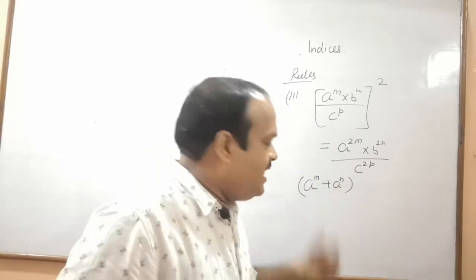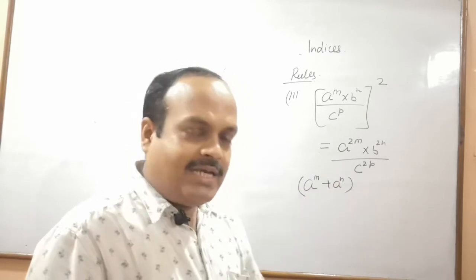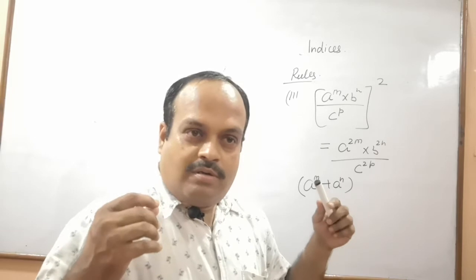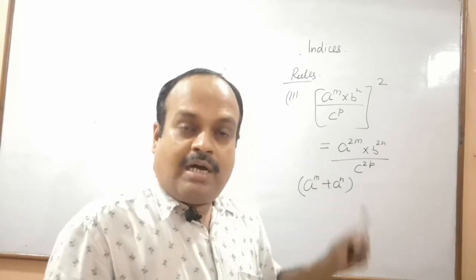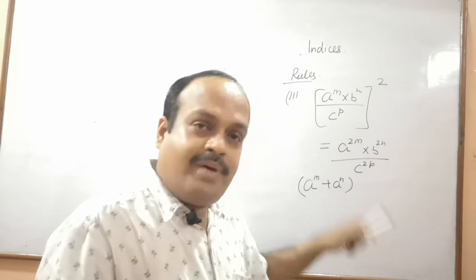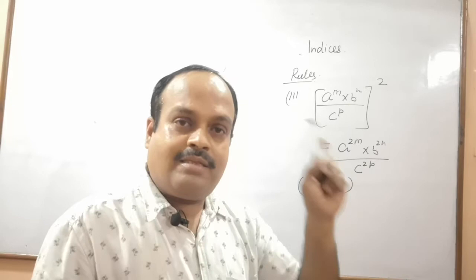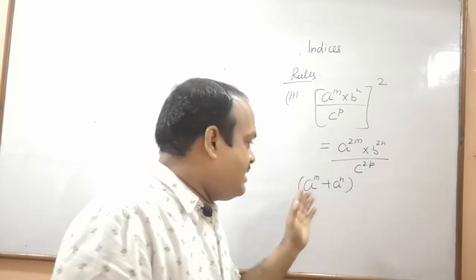So here the result will be 2 times, a to the power m and a to the power n. These are the two numbers with same base, but we cannot apply the product law, we cannot apply the quotient law, we cannot apply the power law. And are these two terms like terms?